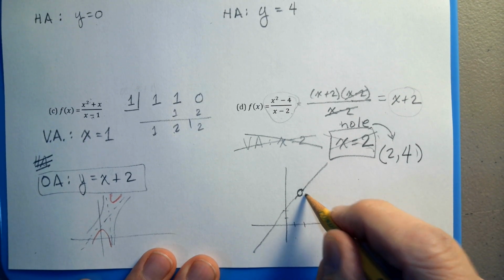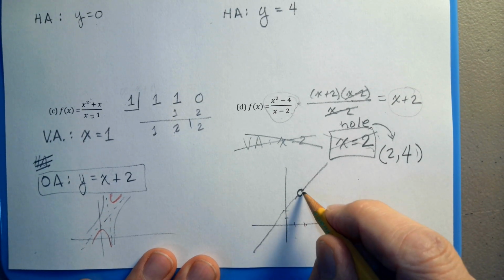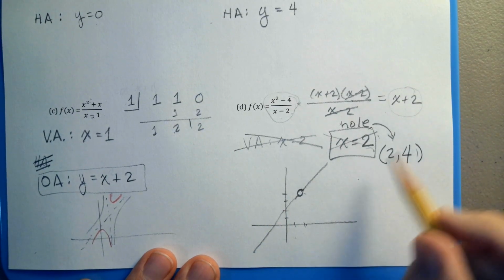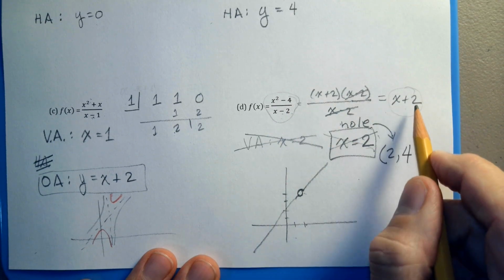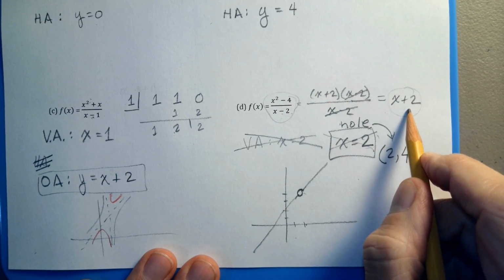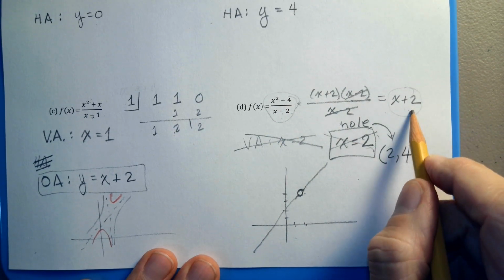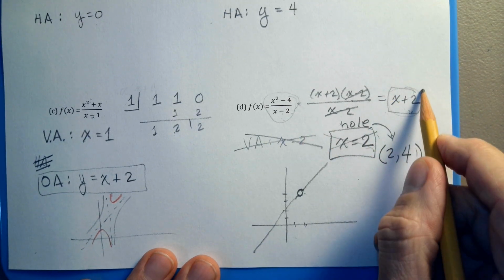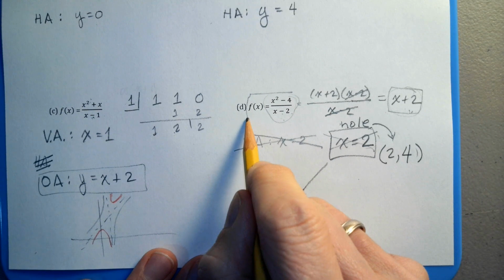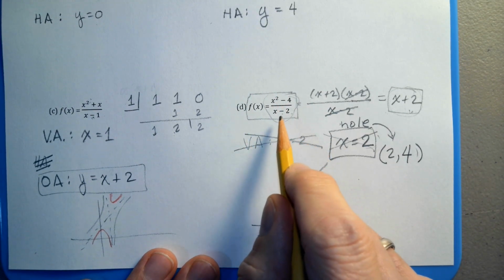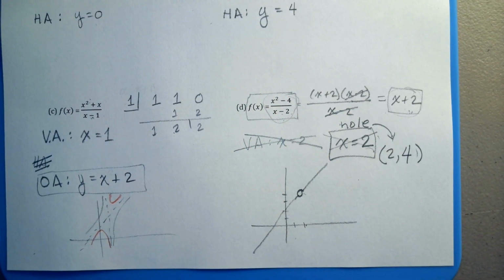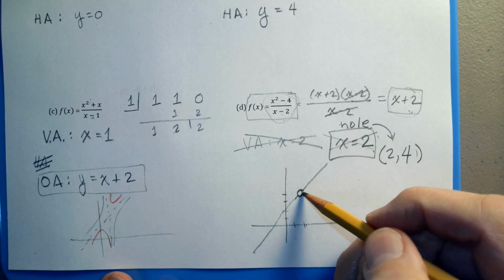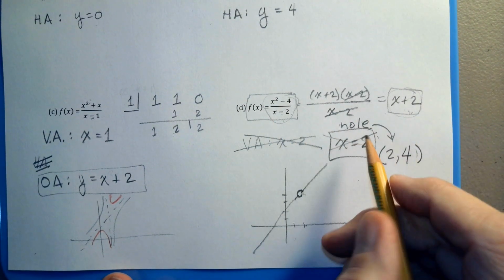So that hole occurs at 2, comma 4. So this graph looks exactly like this graph, except we need to include the hole. All right, and because they're asking us to graph this original function, x minus 2 is not defined, an x value of 2 is not defined there, and that's what ends up getting us our hole.